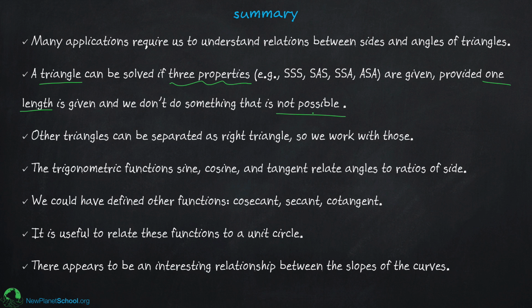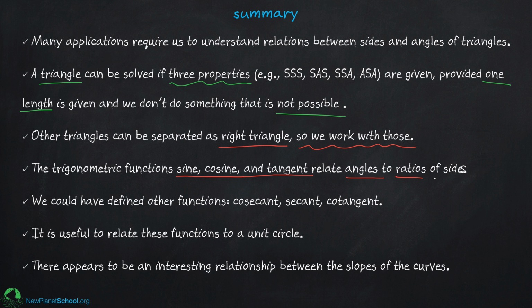You have a problem, you relate it to a triangle, you are given some properties, and you solve for the remaining properties. That's what you really want to do. Now, we typically will break that down into a right triangle, and so we typically will always be working with those. When we do that, it allows us to define the basic three trigonometric functions, sine, cosine, and tangent, which relate the angles to specific ratios of sides.